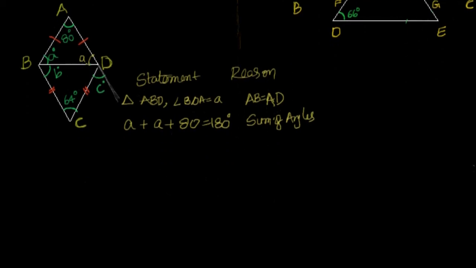That is what we know. Now what will be my next step? Simplification. So 2A plus 80 equal to 180. That gives me 2A equal to 100, A equal to 50. So I can simply say the reason for this is simplification.